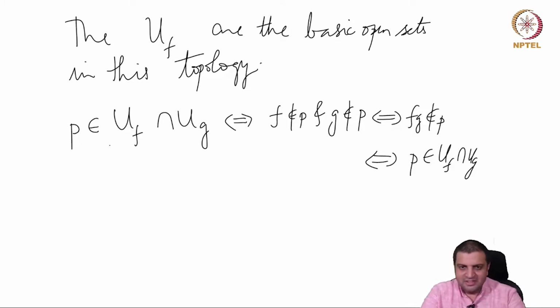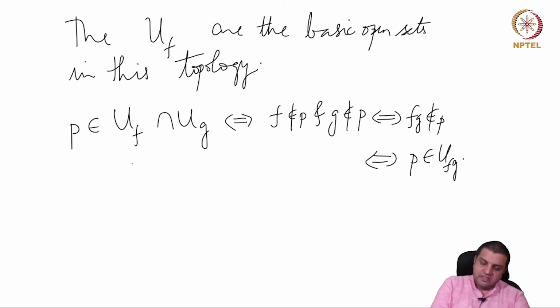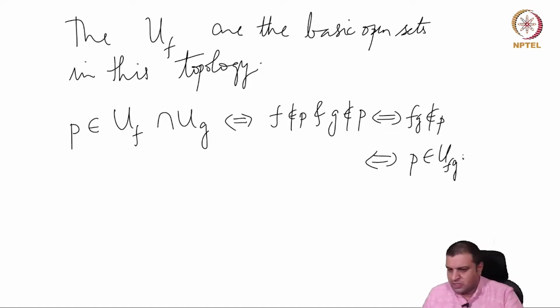But this is the same thing as UFG. Therefore the intersection of two basic open sets is itself a basic open set, so it satisfies the requirements for a collection of basic open sets. So this is the Zariski topology on Proj.